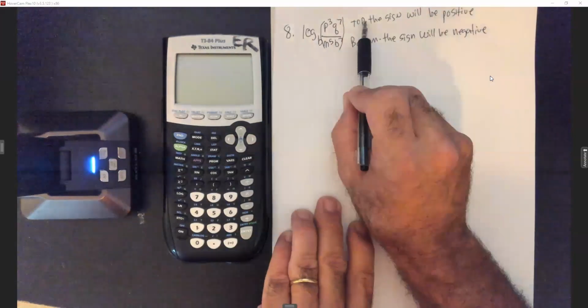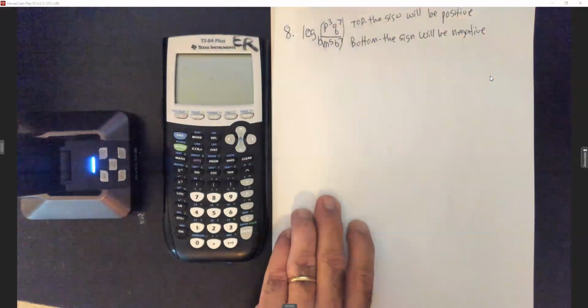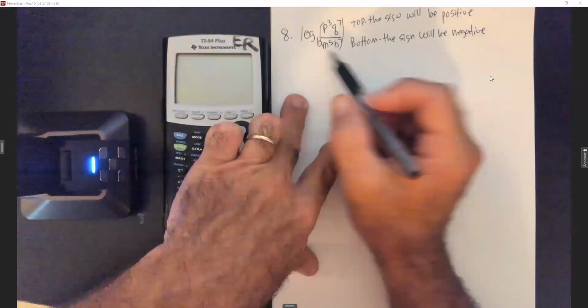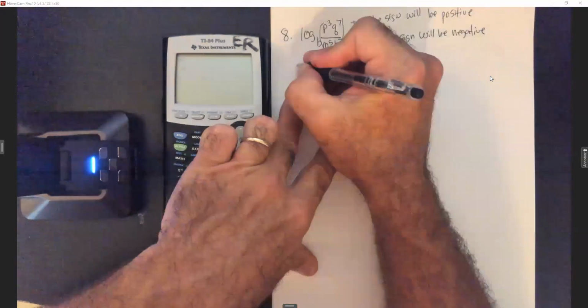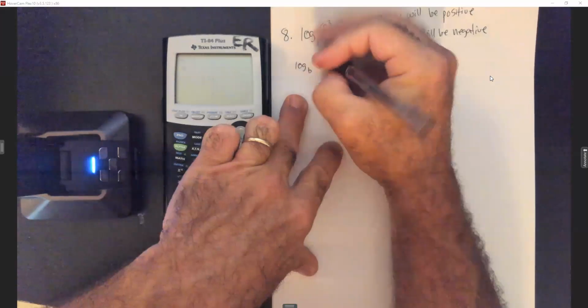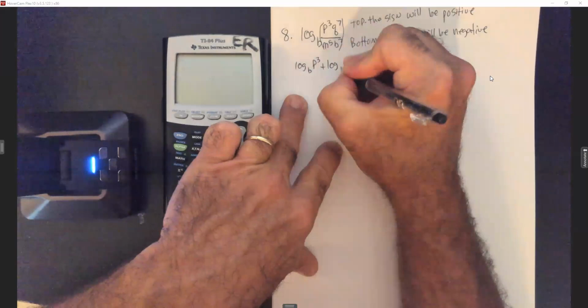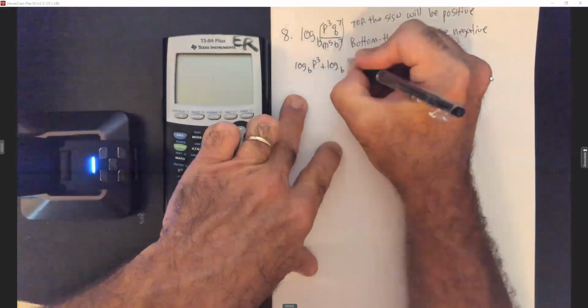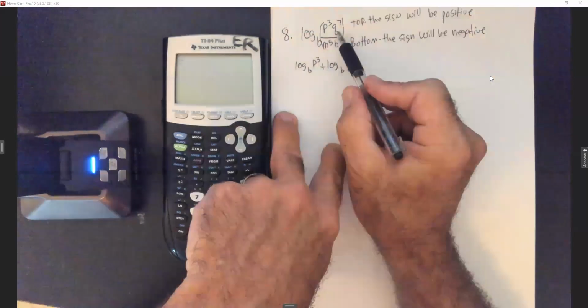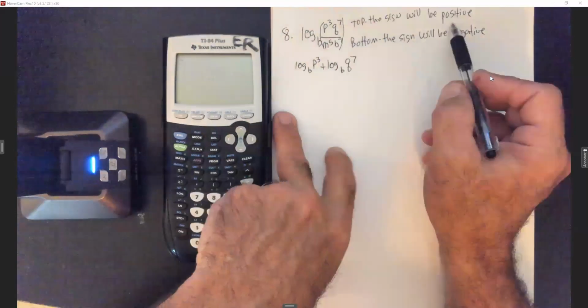So what I do when I find something like this, I rewrite it as a log b of p to the third plus a log b of q to the 7. So both these that were on top, notice I kept them positive like I said here.